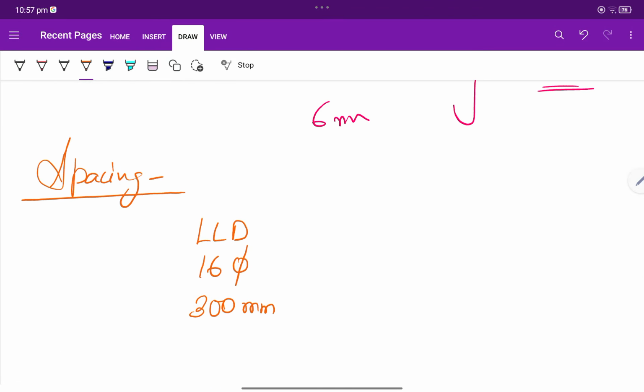The least lateral dimension is 550 and 400, so the least one is 400.